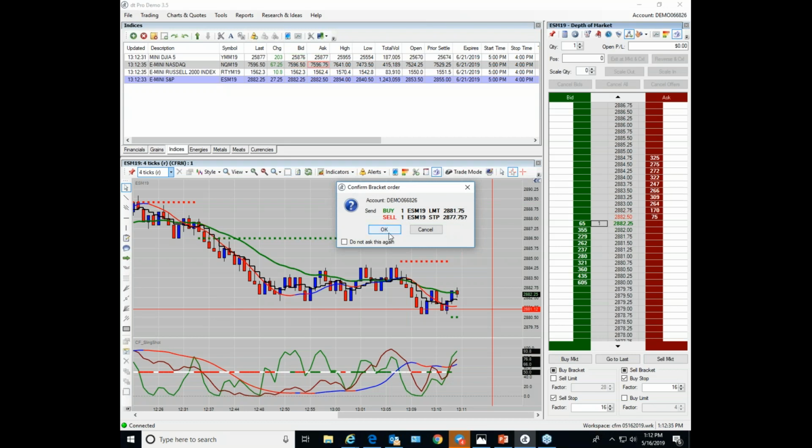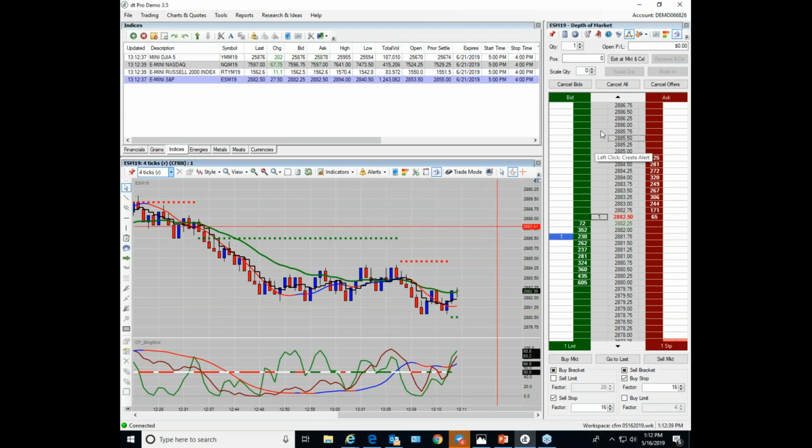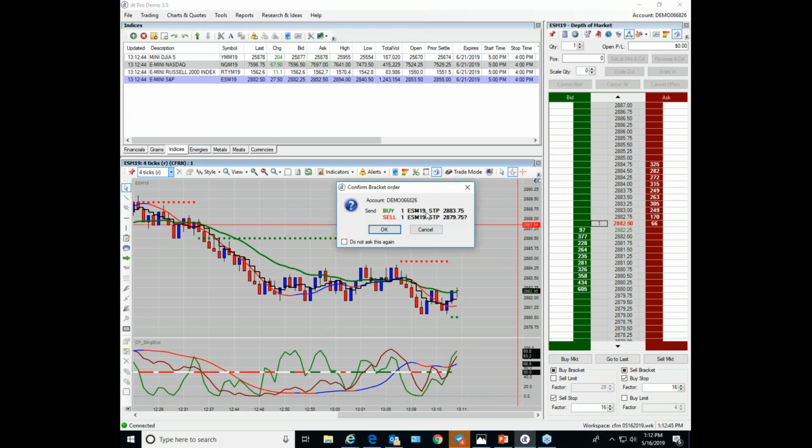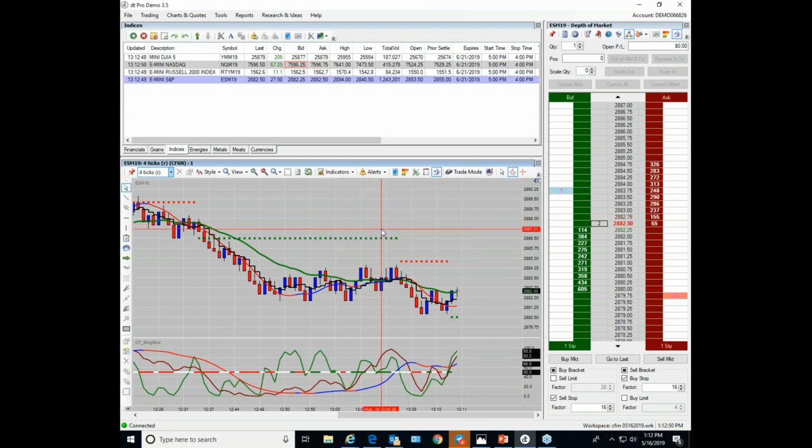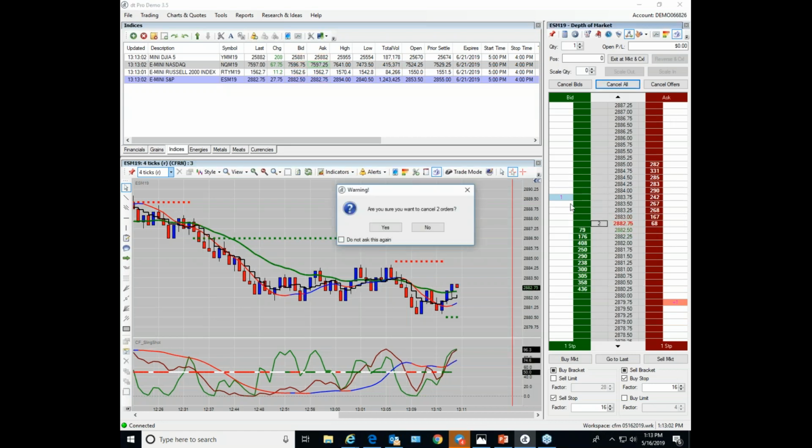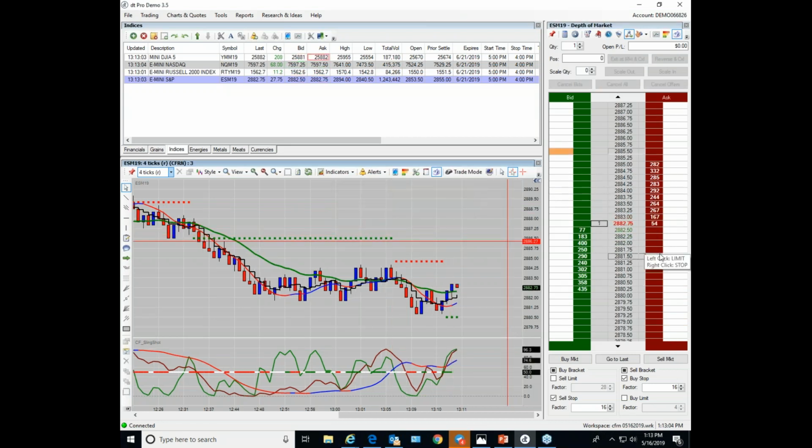When it qualifies, we can either left click and get in, or, oops, I better cancel that, or we can right click above the market and create a buy stop. If we do it that way, it doesn't get executed until the price gets up to that level. Then it becomes a market order. Notice it's not filled because we really have to punch through that level in order to get filled.